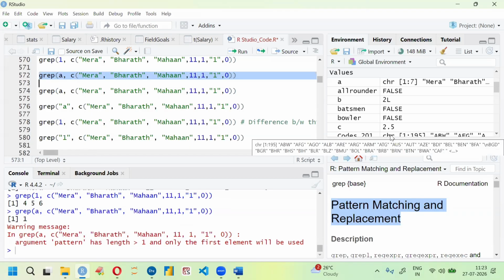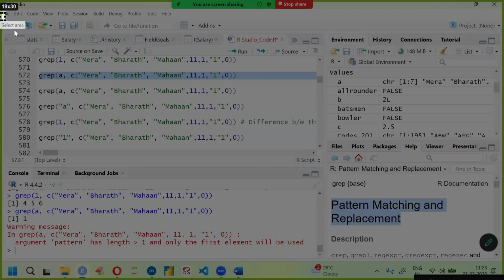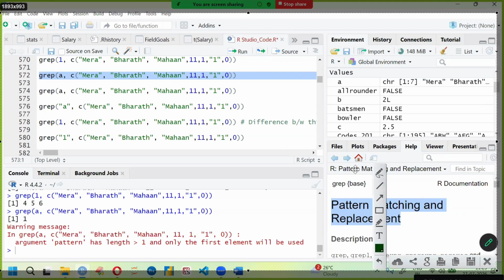What is the problem? Let us analyze. There is no double quotation, sir. Yes, very good. If you observe here, this A is not within the double quotation. So this A will be considered as a variable, not as a string. That is the reason here we got a warning message. Okay, fine.